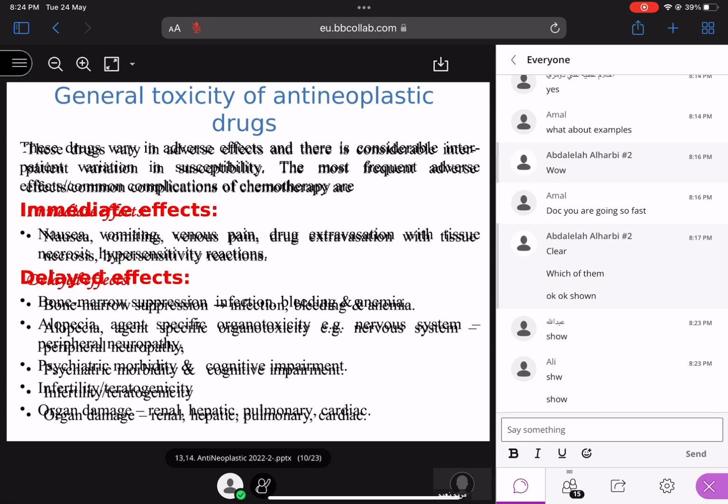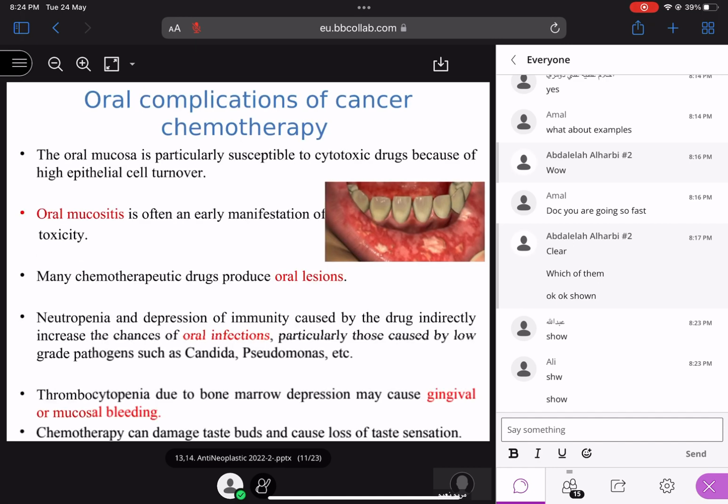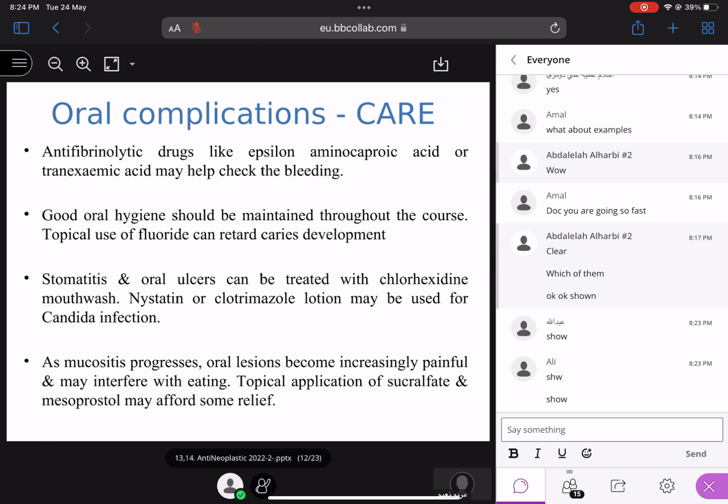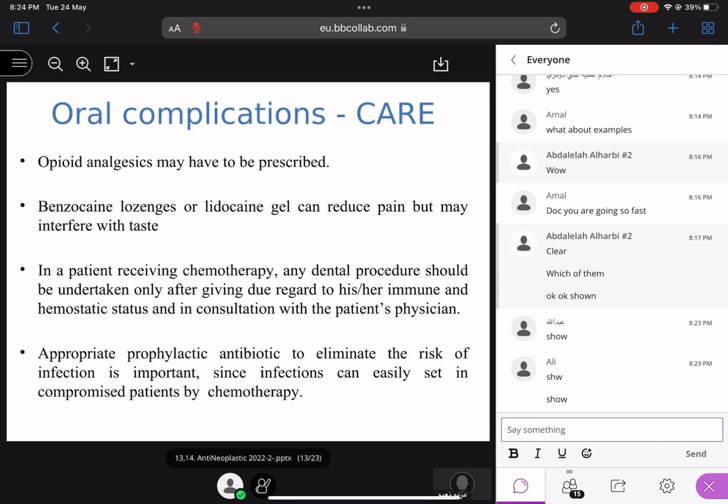What are the immediate effects? What are the delayed effects of anti-neoplastic agents? And then what are the oral complications of cancer therapy? You already know this and you should know this very thoroughly. Oral complications and what are the treatments?